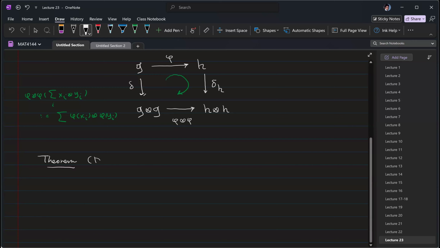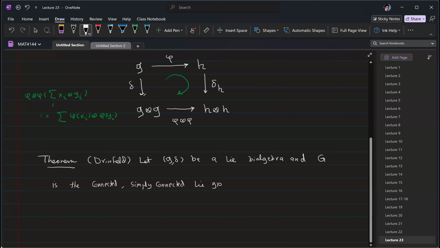So the first theorem is that if G delta is a Lie bialgebra, and capital G is the connected and simply connected Lie group associated to that, which means the Lie algebra of capital G is G. So we know that capital G exists.